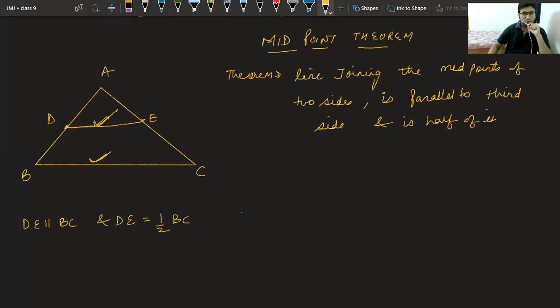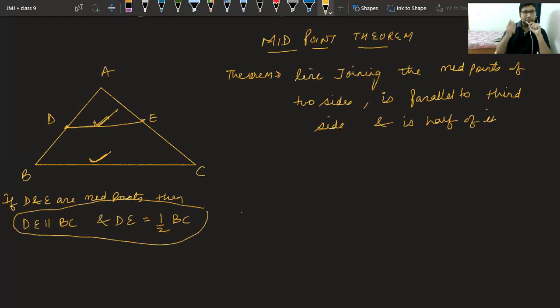Yes, beta. So the condition is if D and E are midpoints, then this is the theorem. If D and E are midpoints and you join them, that line is parallel to the third side, that is BC, and is half of it.